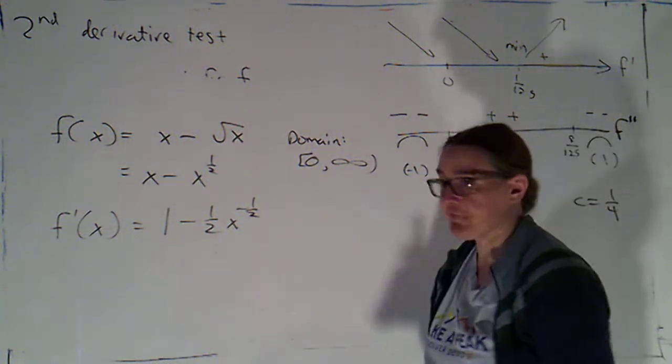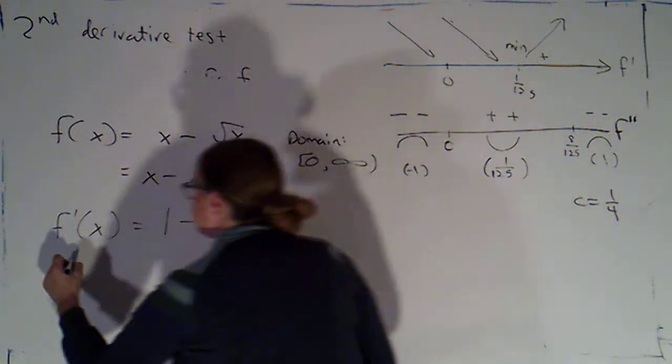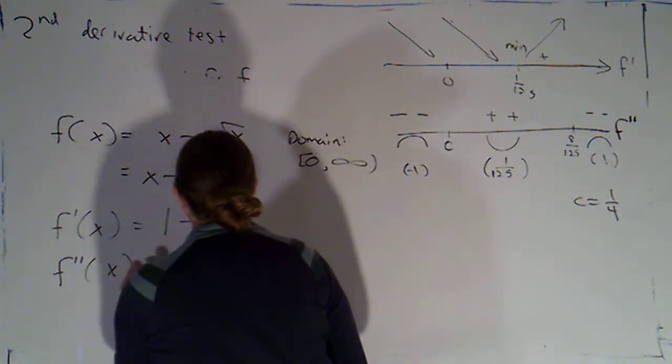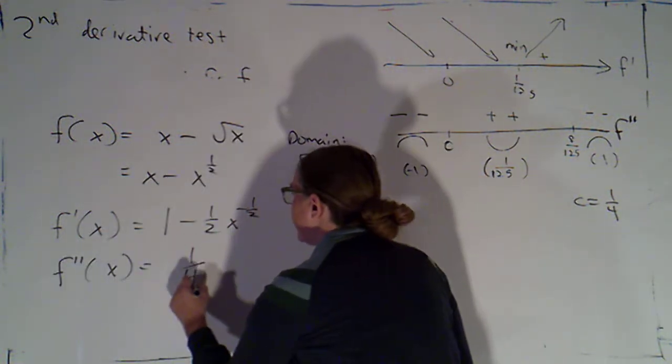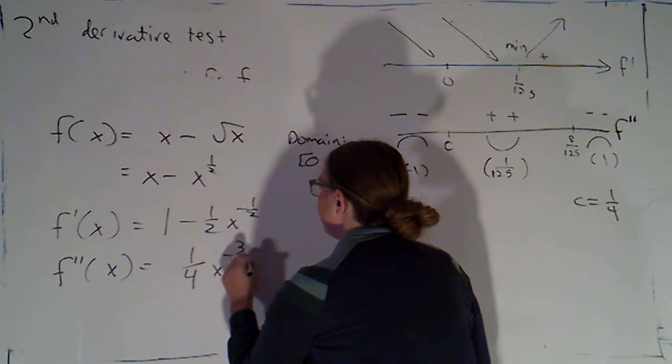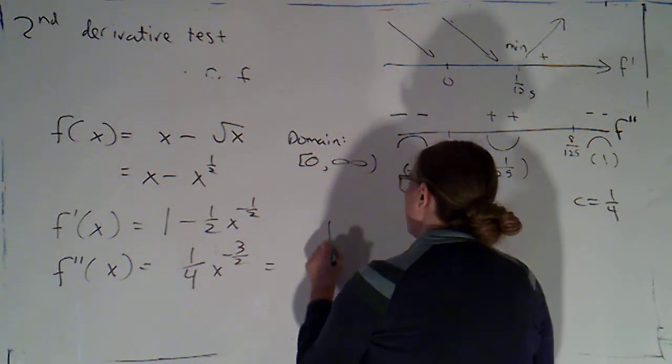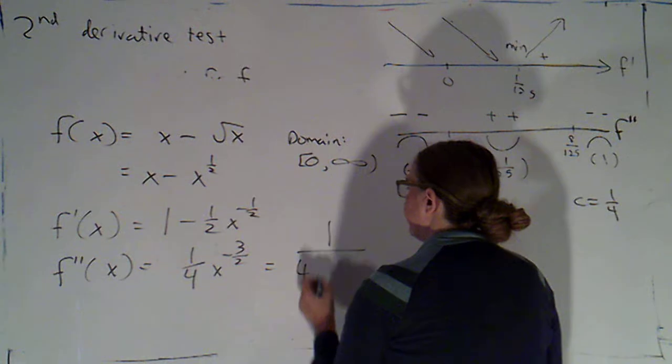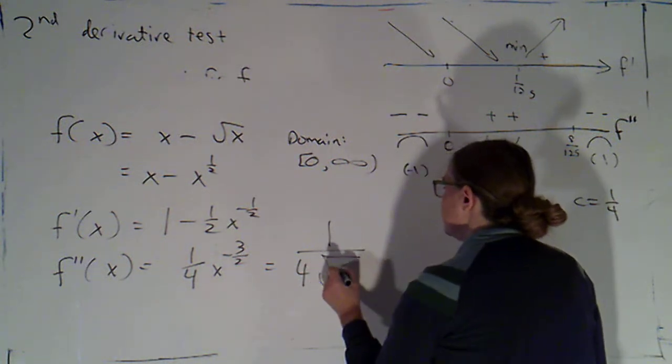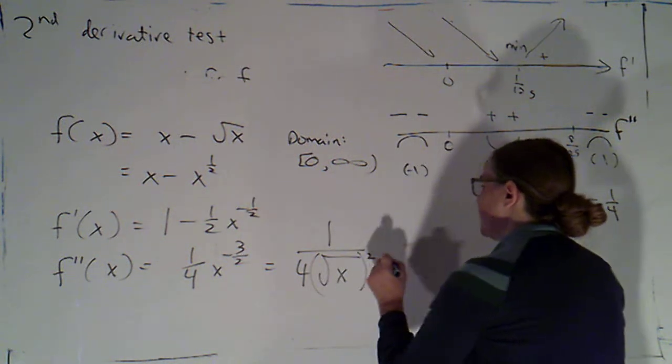So here was my first derivative. If I take the second derivative, that's going to give me 1/4 x to the negative 3/2, or 1 over 4 times the square root of x cubed.